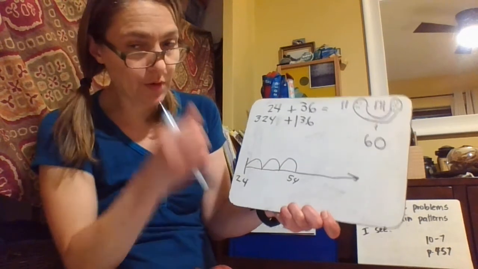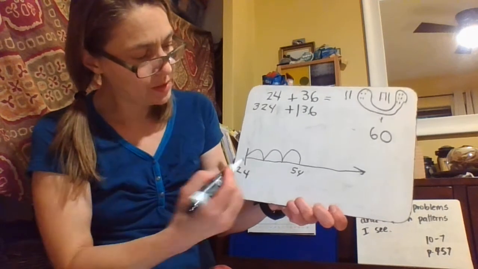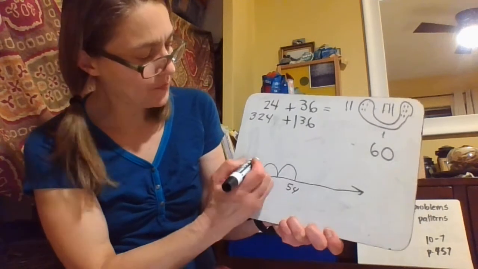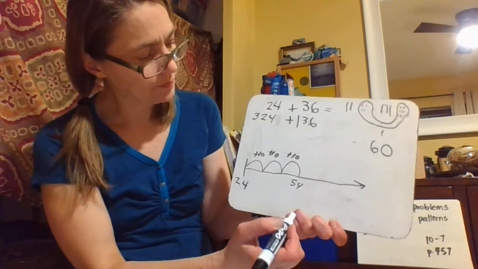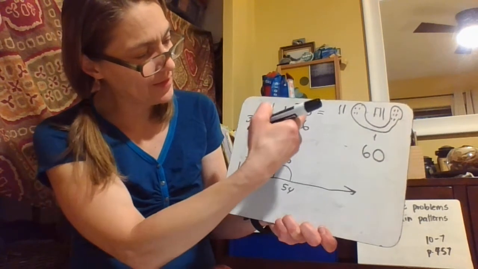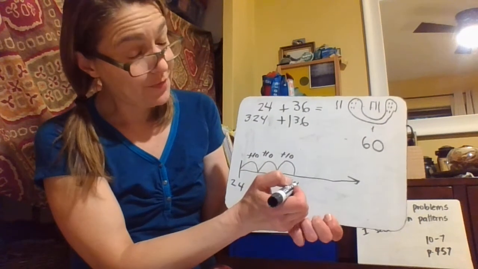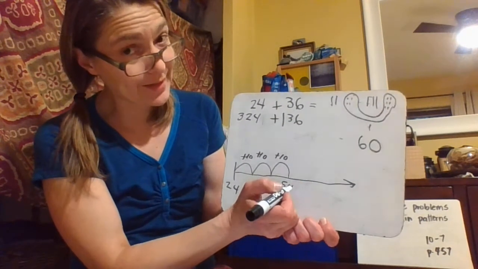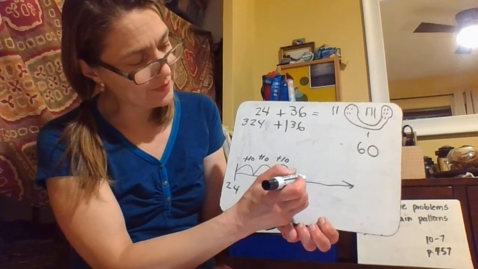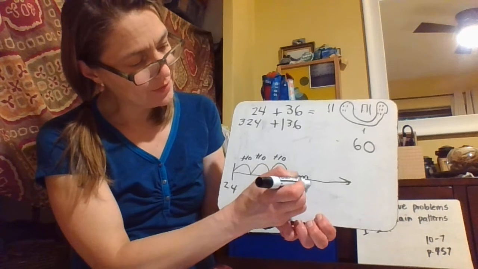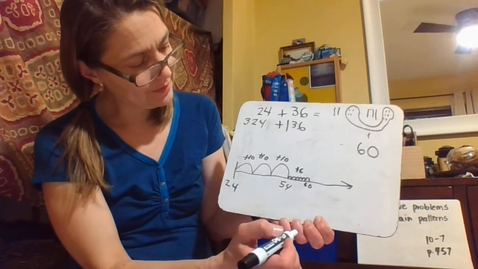One more time, 24, 34, 44, 54. We write the 54 there, and we add our 10s. Okay, then we still need to add the 6 ones. So we have 4 plus 6, that's the next 10. 54, 55, 56, 57, 58, 59, 60. So now we've added 6.